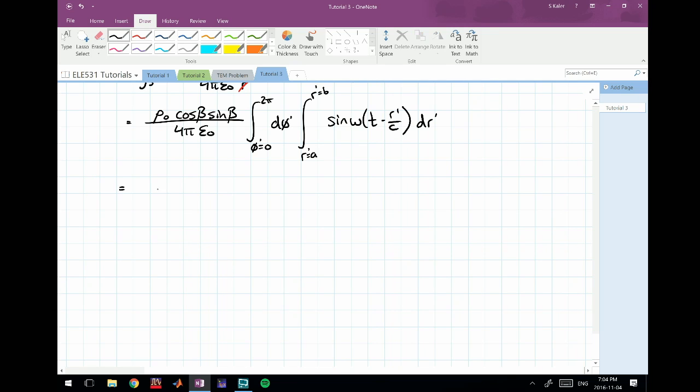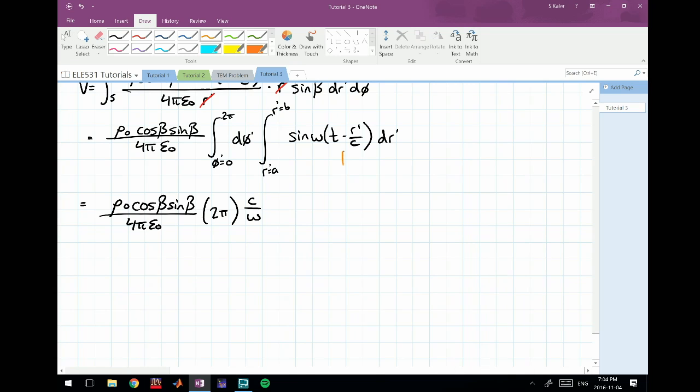So I'm left with rho naught cos beta sine beta over 4 pi epsilon naught times 2 pi here. And then I get this c over omega. This c over omega comes from this integration here, because when you do the substitution, you take the derivative of whatever you have and plug that back in.